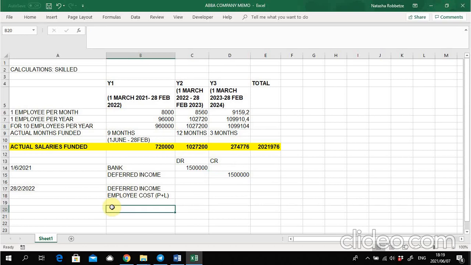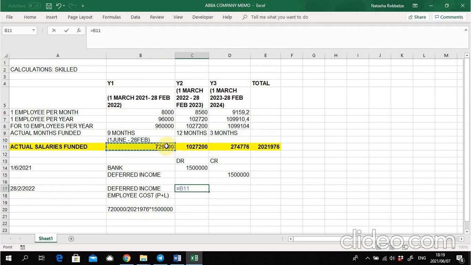So I am going to say on 28 February, the current year, the salaries that should be funded out of the current year is 720,000. And the total is 202,976. And I'm going to times that by the total of the subsidy, which is 1.5 million. And that answer will be the amount that can be taken or paid off against the employee remuneration expense.